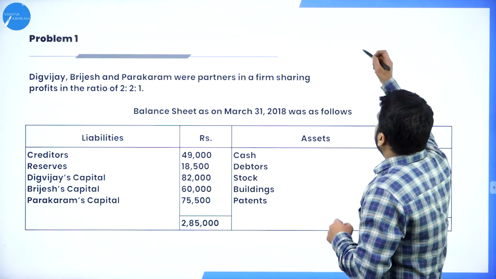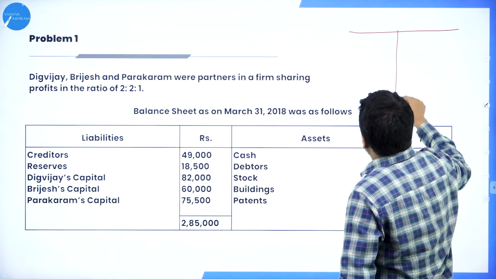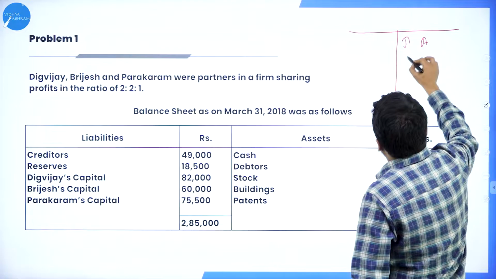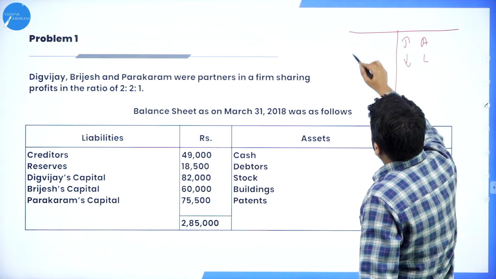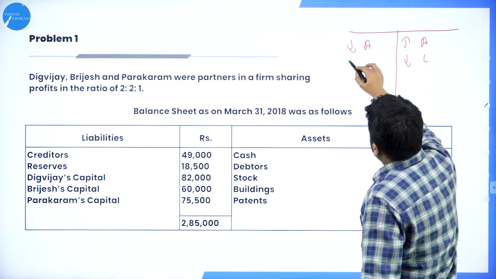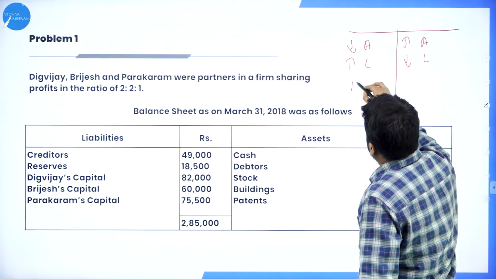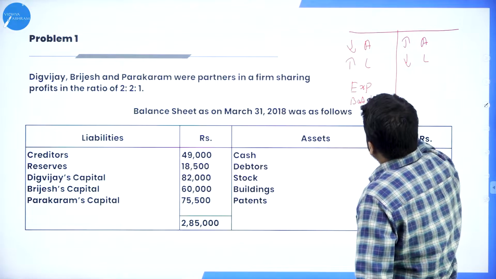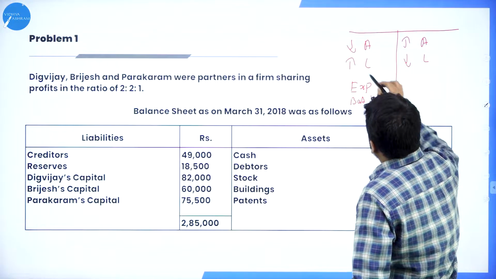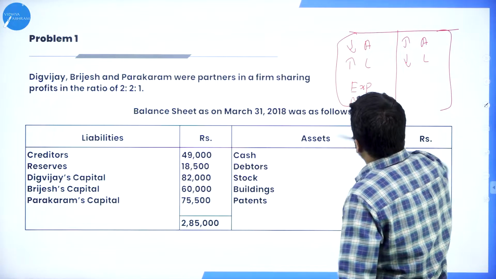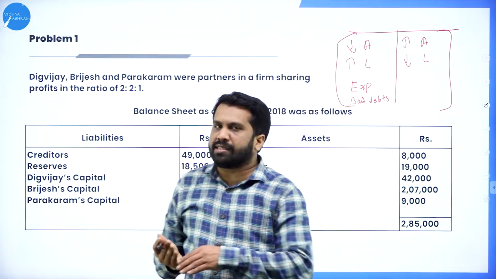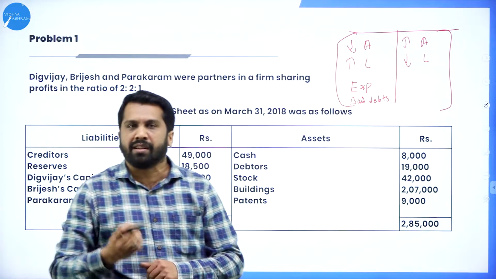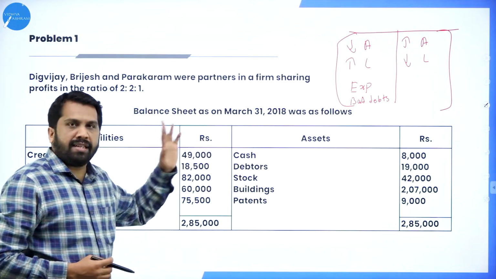For example, I discussed in the last class, on your credit side, increase in asset, decrease in liability. Decrease in asset, increase in liability, and all the expenses and all bad debts. These things will come under your revaluation account. The same format, the same concept we learned in the previous one, will follow here also.